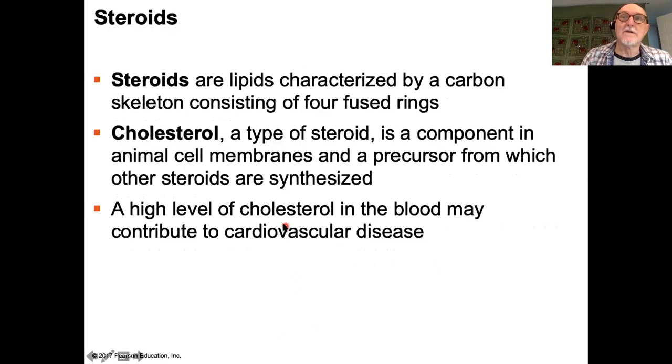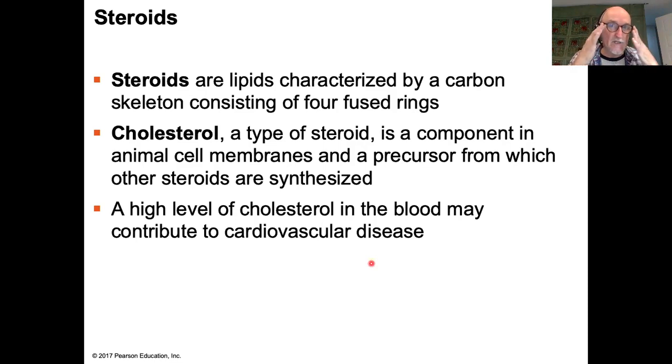Okay, now the very last set of lipids that I want to discuss today are called the steroids. And when you see what they look like, you'll wonder, why on earth do we think that they are lipids? Well, the steroids are lipids, but they have a completely different structure. They have a carbon skeleton that consists of 4 fused rings, and the base kind of steroid is something you have heard a lot about before, and that is cholesterol.